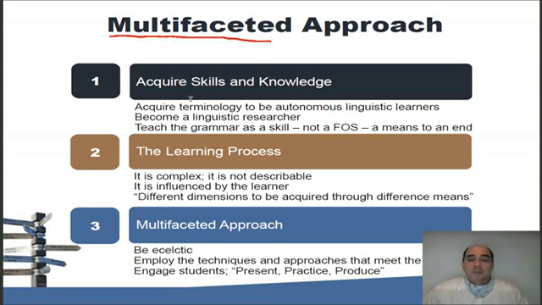One of the things we want them to do is acquire skills and knowledge. We want them to understand the rules that are involved with language. We want them to understand the knowledge base that's there in the database. So we're going to acquire the terminology so that they can become more autonomous language learners.